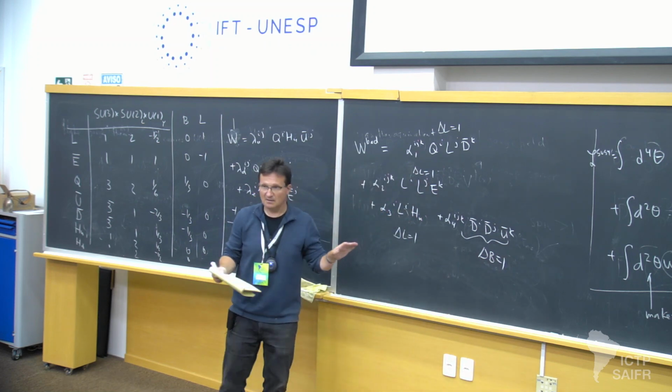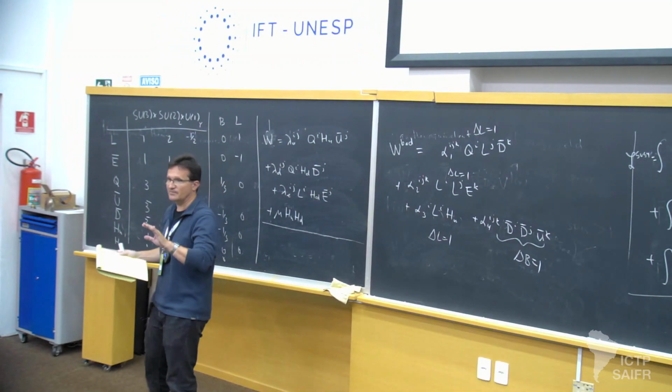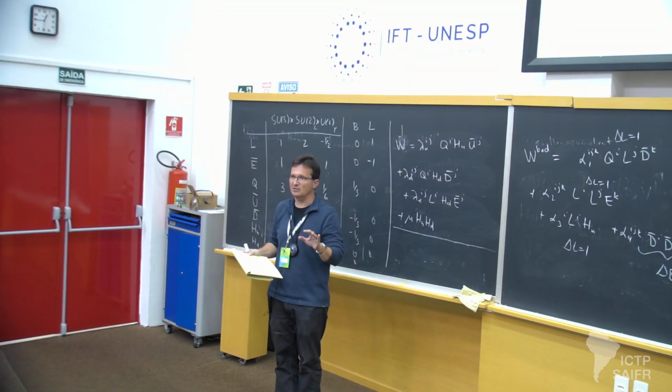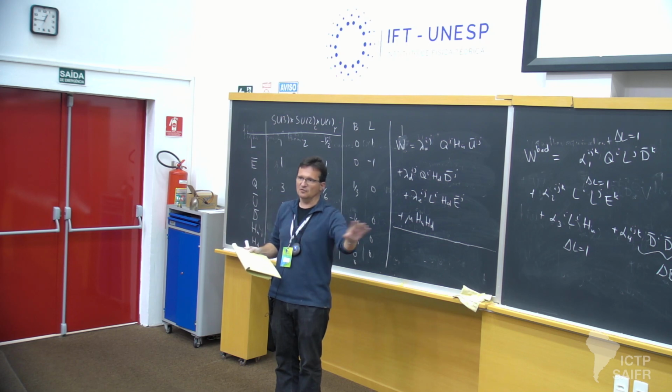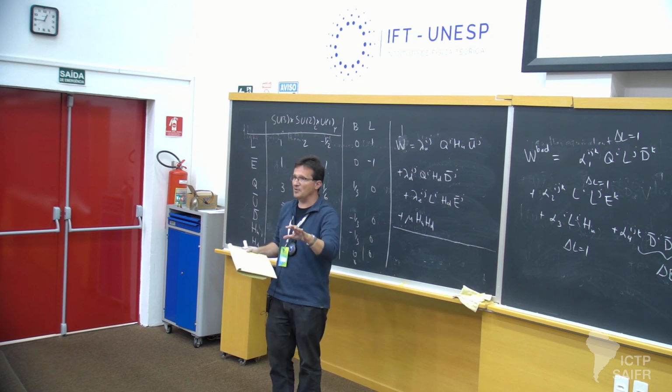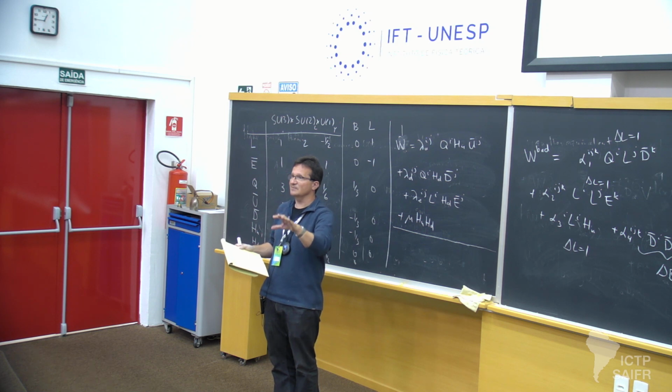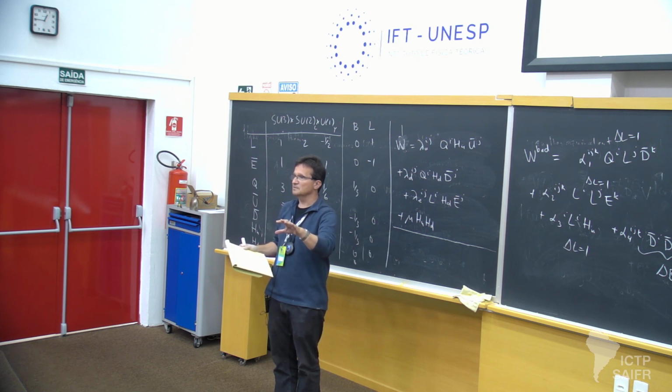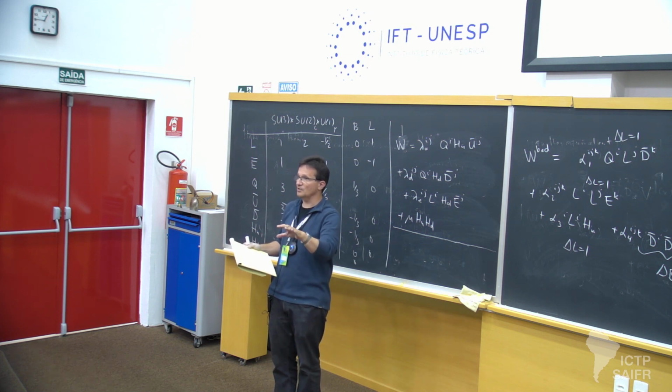So in this sense, supersymmetry is very different from the standard model. If you take the standard model and write down the most general Lagrangian that you can, at the renormalizable level, Baryon and Lepton number are automatically symmetries. We call them accidental symmetries of the theory. That's not true for supersymmetry.